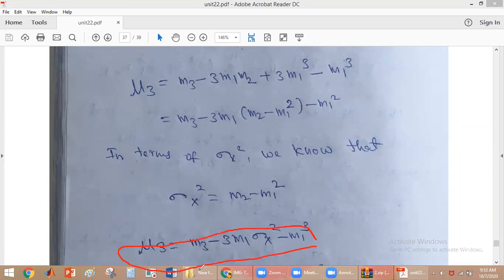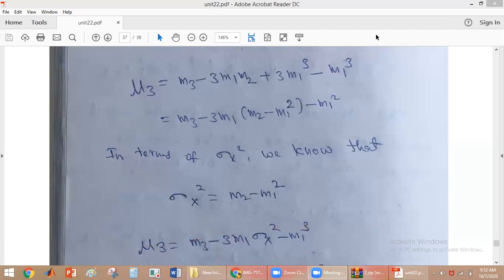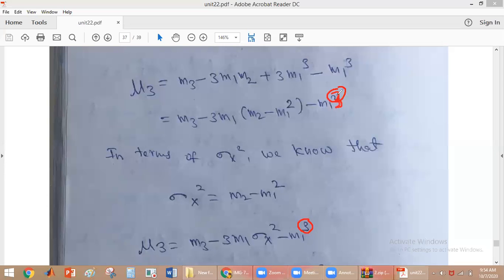Students, there is again a small mistake here. See here, this is m1 cube. Here also we should have m1 cube, so then only we get m1 cube here.